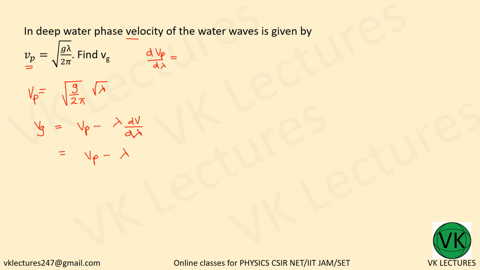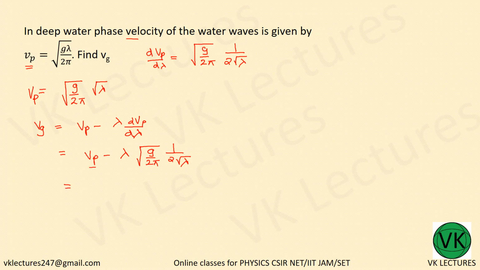See, the constant remains as it is, under root g divided by 2 pi, root of lambda gives 1 by 2 root lambda, right? So let me write that here: lambda into under root g divided by 2 pi into 1 divided by 2 root lambda.